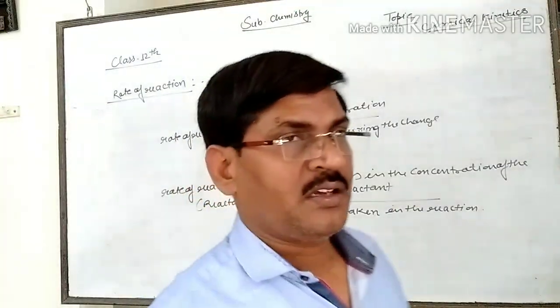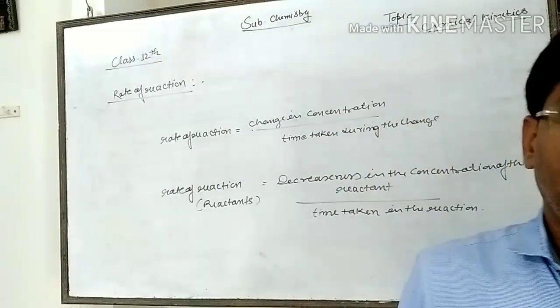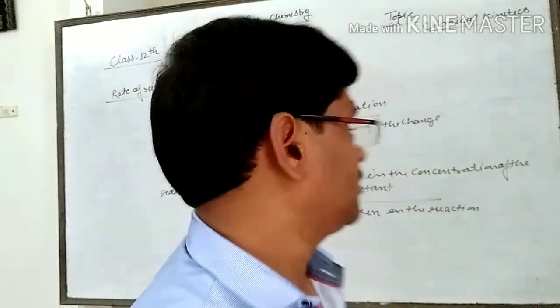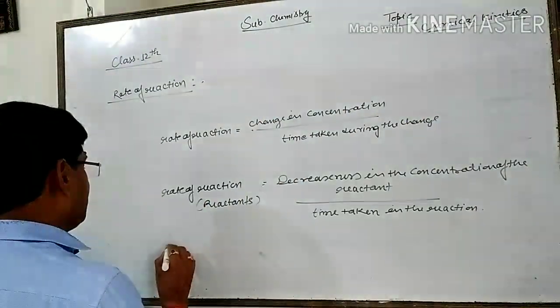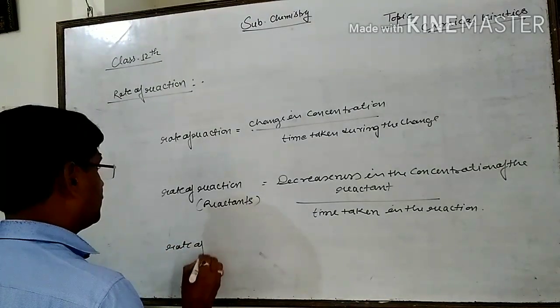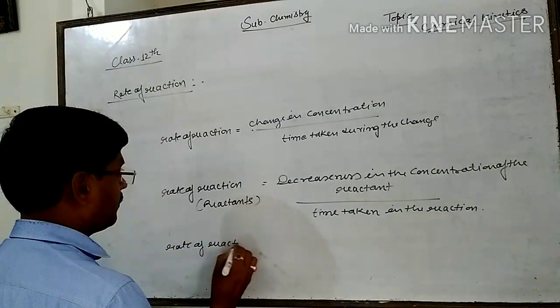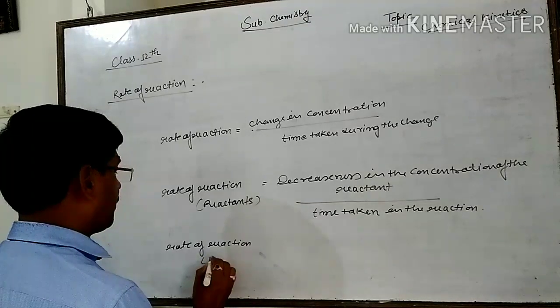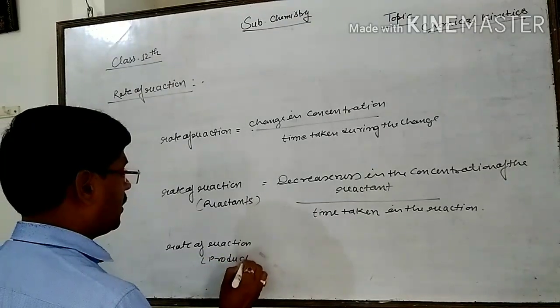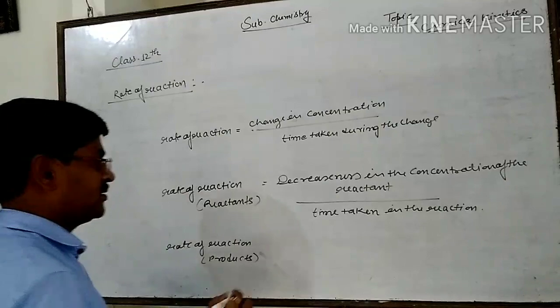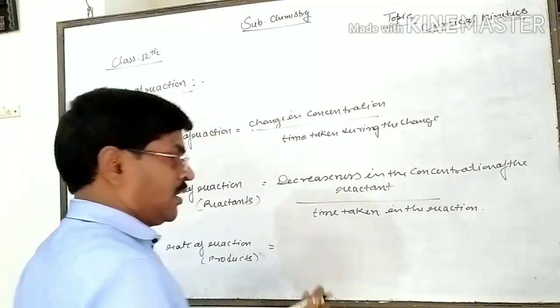In the same respect, if you want to write in respect of products, then rate of reaction for the product, or many products, is equal to the increase in the concentration of the products upon time taken in the reaction.